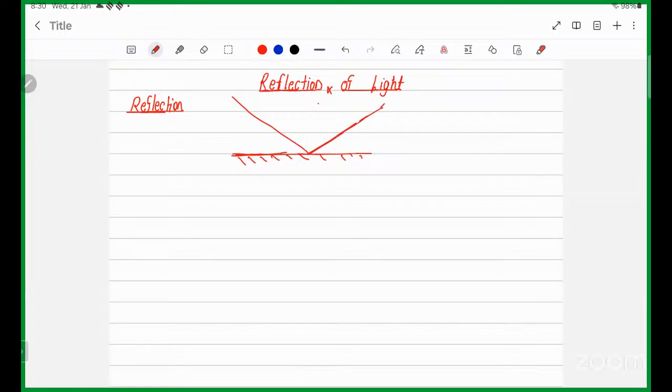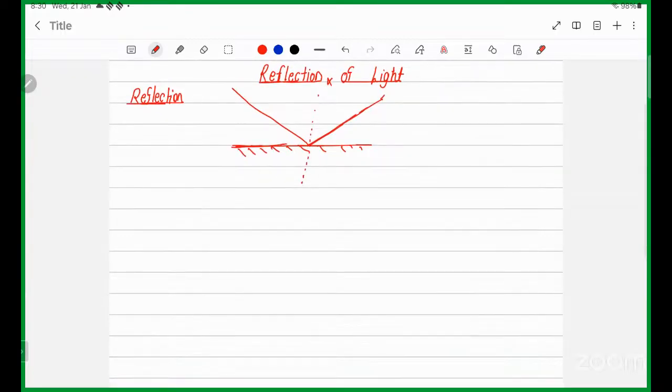Here the angle of incident ray is equal to the angle of reflected ray. This is the incident ray, and this is the reflected ray.